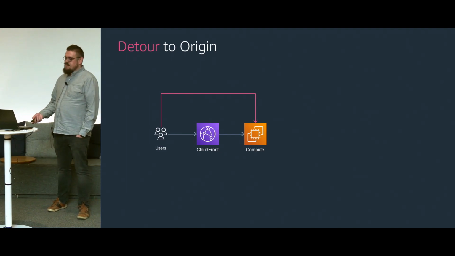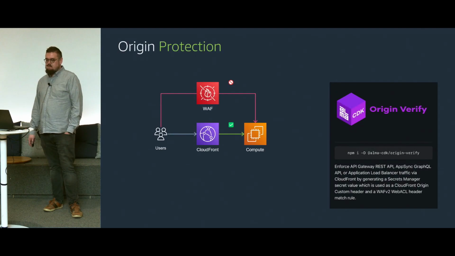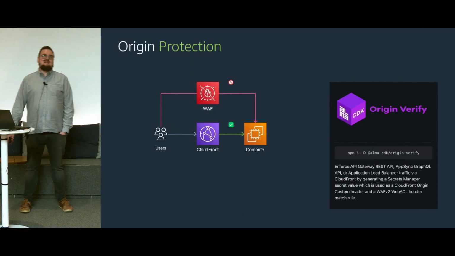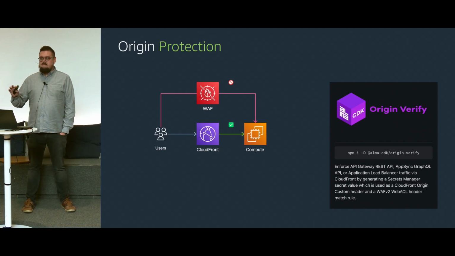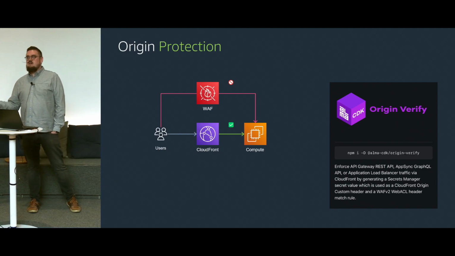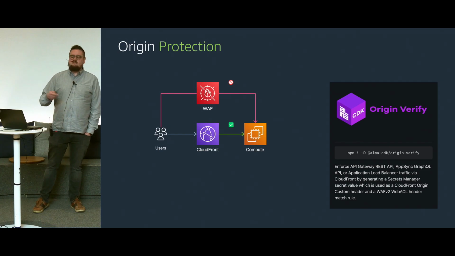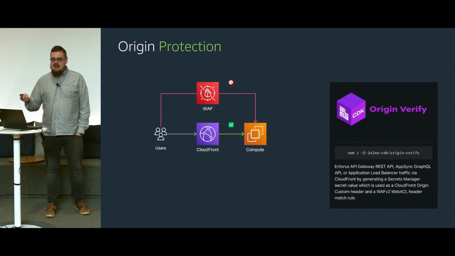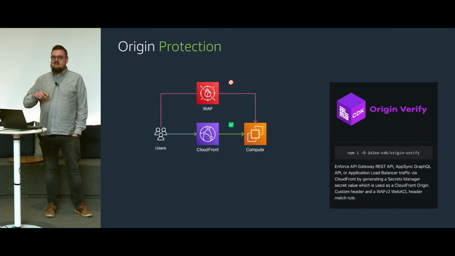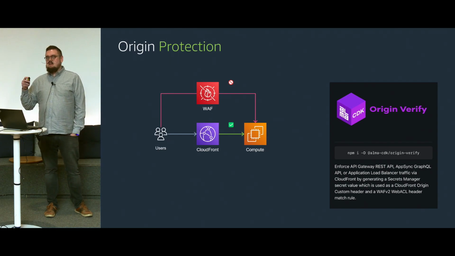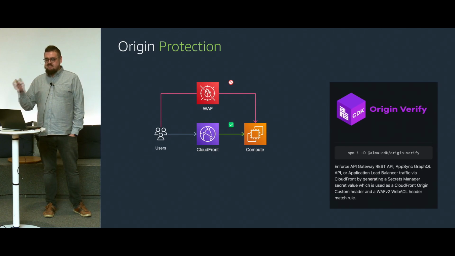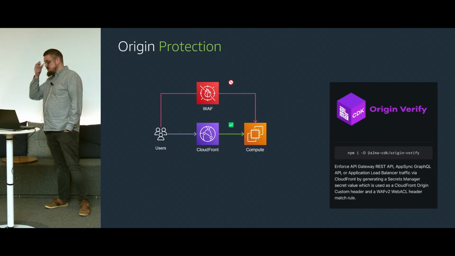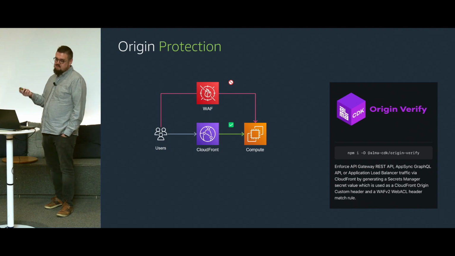There are a few ways to do it. One thing is to add web application firewall into the mix. Basically, you add a WAF rule to, for example, your ALB or HTTP API Gateway, you add a WAF to that origin, and then CloudFront will send a specific origin request header, and the WAF will validate that the header value matches some specific secret value that you defined.